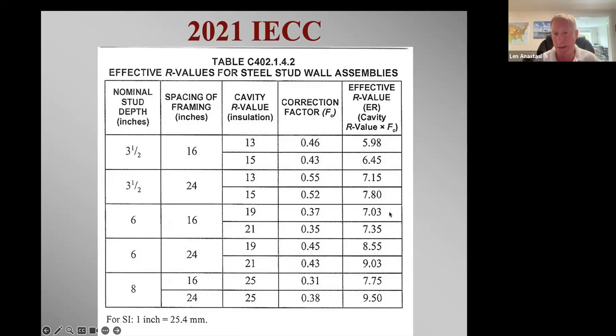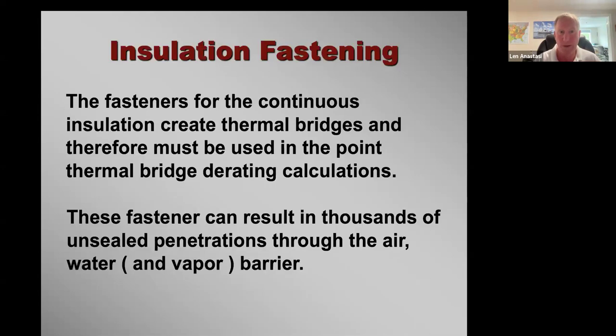So if you do R13, like it says in the prescriptive requirements, R10 continuous with continuous Z-furring, you're at R5.4 plus your effective value of 5.98 for the 3.5-inch R13 cavity insulation. You're not anywhere near that R18.18 that's required on a performance basis.